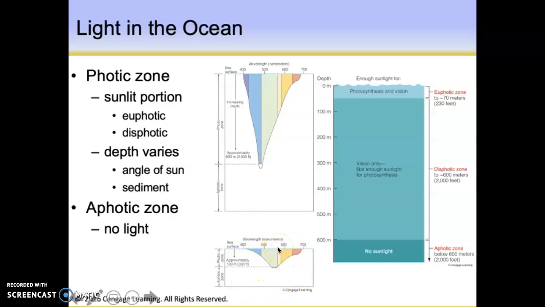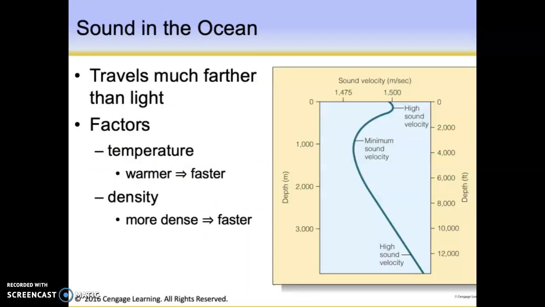And again, it's going to depend on what's in the water in terms of sediment and dissolved materials, and also the angle at which the sun is approaching. So that's light. Our last characteristic is going to be what sound does in the ocean.